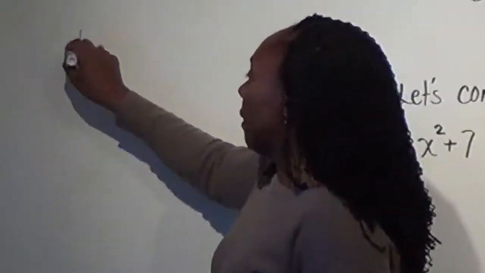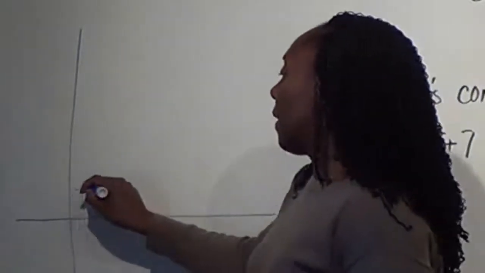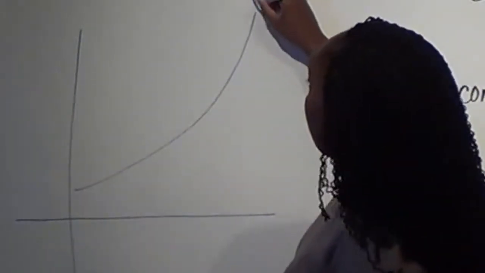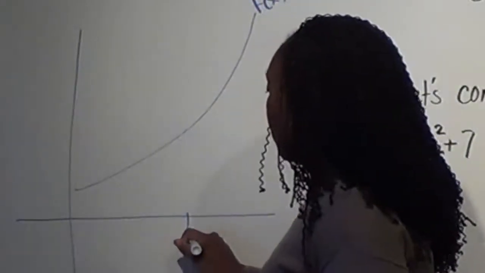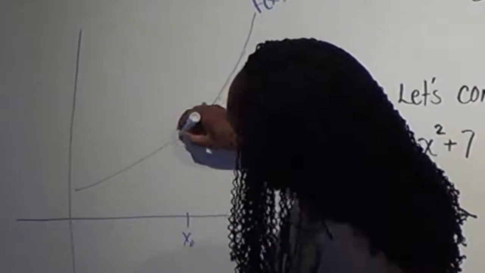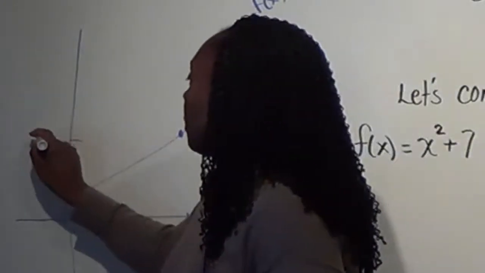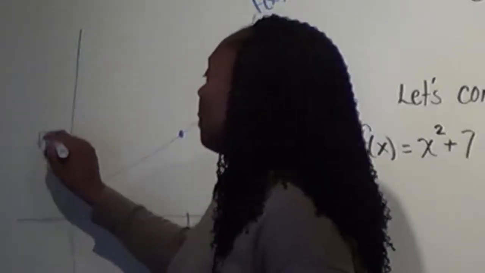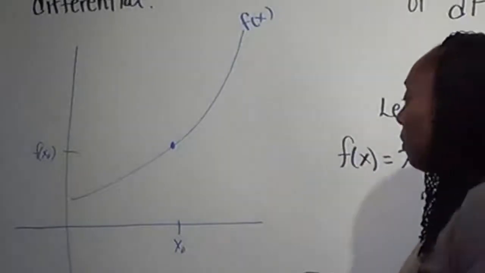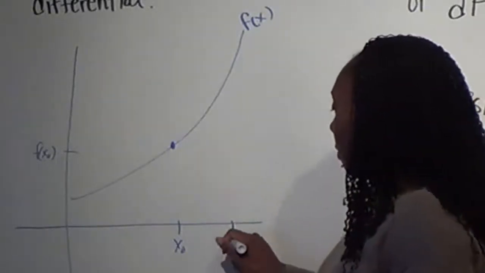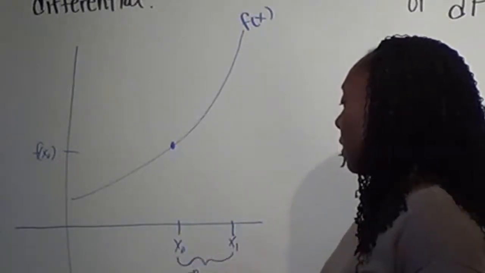And if we look at what this means pictorially, if I have some function of x and I pick a particular point, so there's my f of x naught, and again I look at some distance away from that point, so let's call this x1, where this distance is delta x.